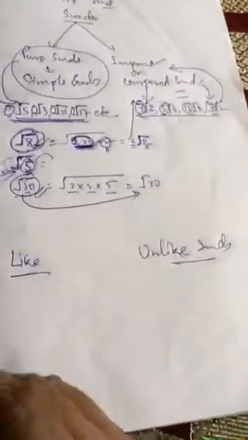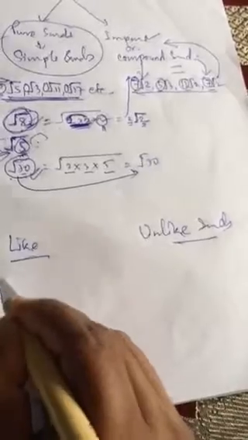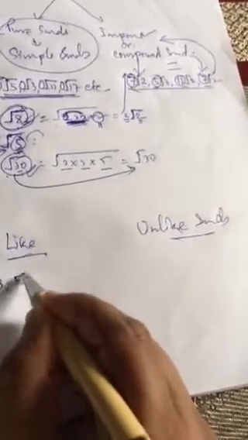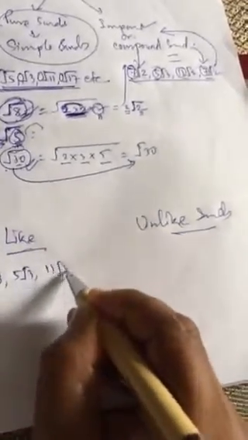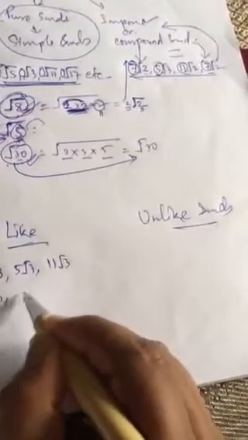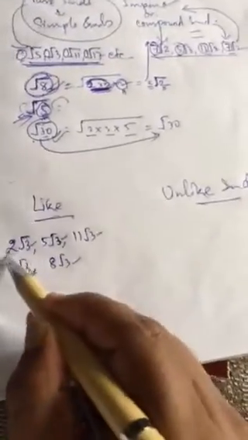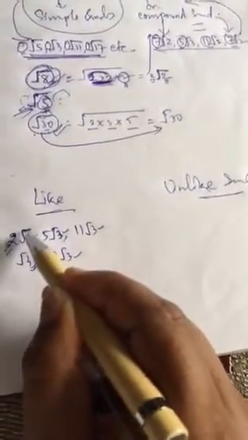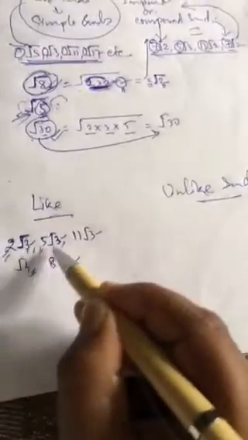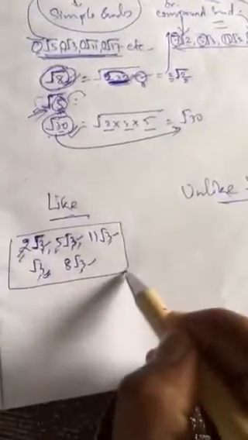What do you mean by like? Very simple. You see here, the number which is given under the root, not the coefficient, the number which is under the root, if the numbers under the root are the same, then these surds will be like surds.